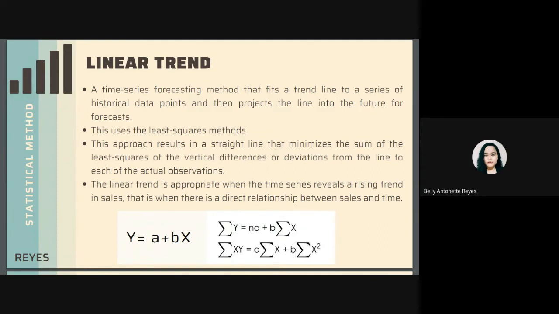The x is our independent variable, which is the time or the number of years. By applying the least squares method on that equation, we can get the values of a and b. So we have another formula: summation of y equals na plus b summation of x, and summation of xy equals a summation of x plus b summation of x squared.